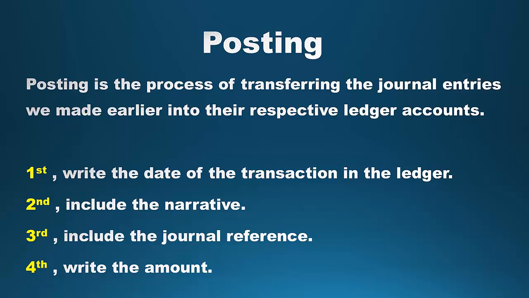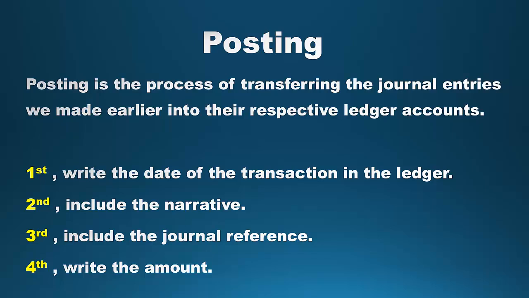Let me explain how we post each transaction step by step. 1. First, write the date of the transaction in the ledger. This helps us stay organized and shows when the transaction occurred. 2. Second, include the narrative. The narrative explains the purpose of the transaction, so anyone looking at the ledger can understand what happened. 3. Third, include the journal reference.